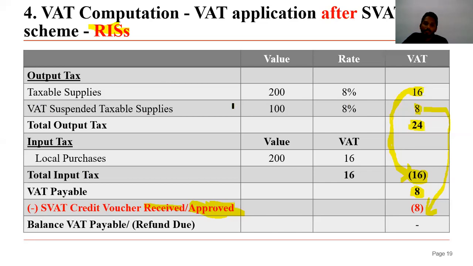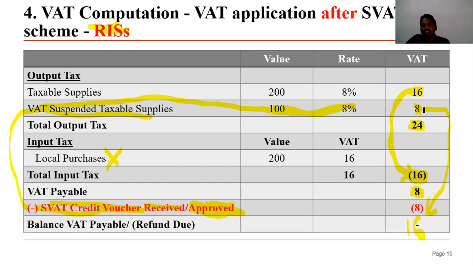By having the credit voucher, they can set off the credit voucher out of this. Forget about the taxable supply. If there is a taxable supply and they don't have suspended supply, they have to pay 16 million, if they don't have input.